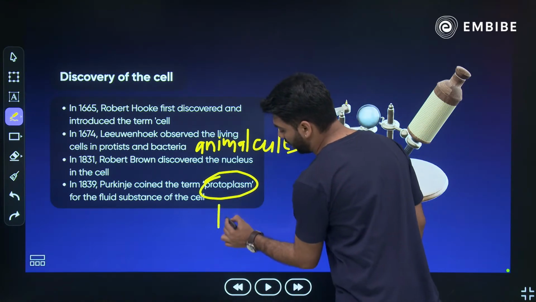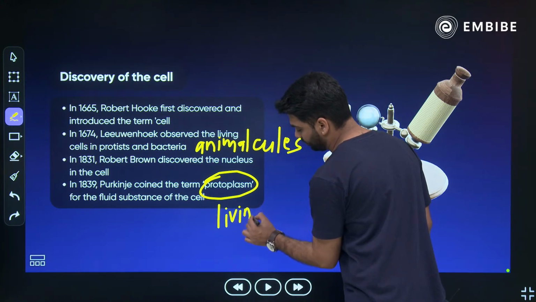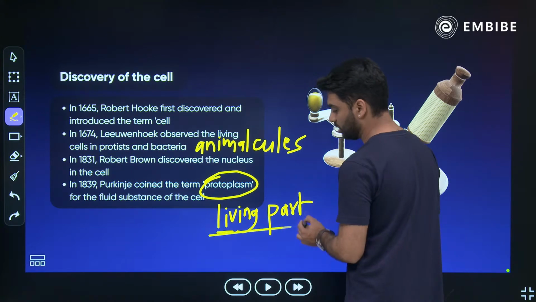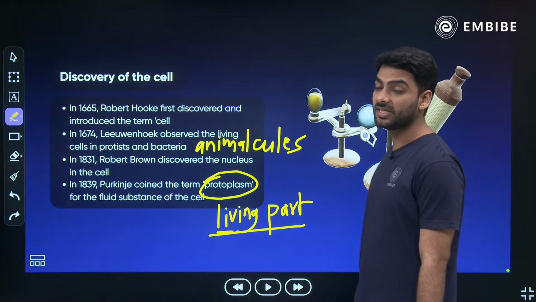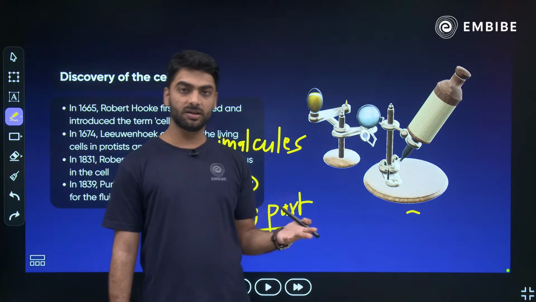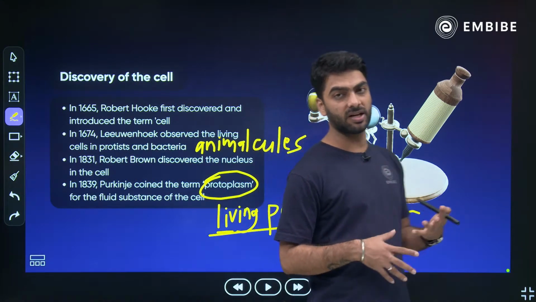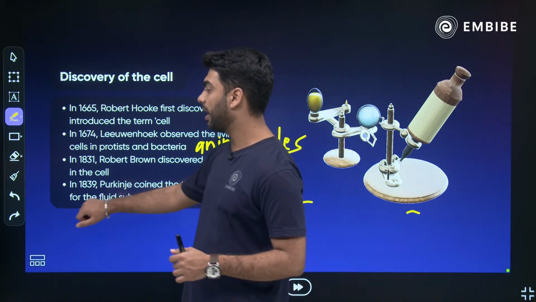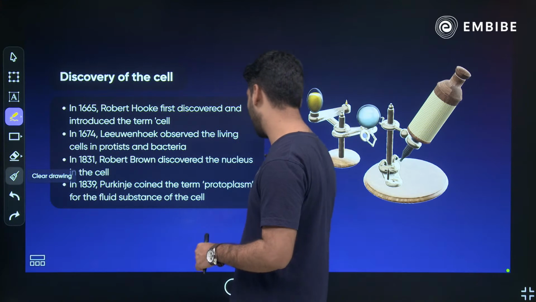Protoplasm is the living part of the cell. Okay? Your cytoplasm and the nuclear membrane, everything together, we call it the protoplasm. This term was coined by Purkinje in the year 1839.